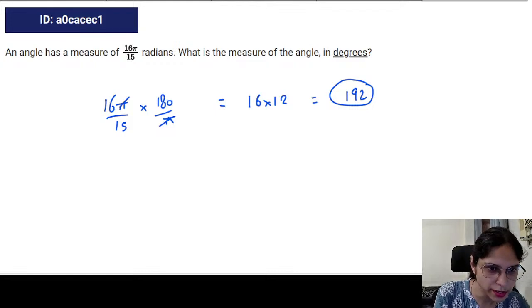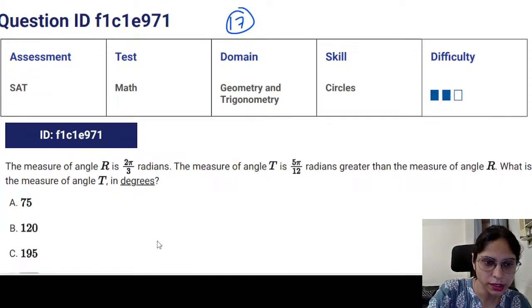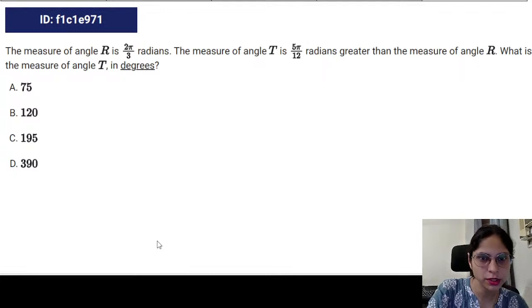Now the next one is question number 17. Over here, the measure of angle R is 2 pi over 3 radians.